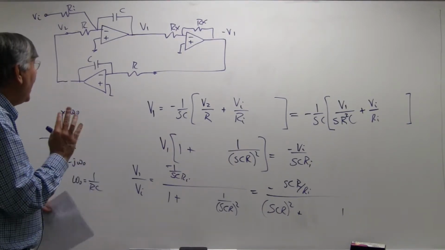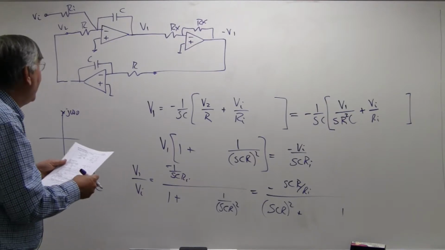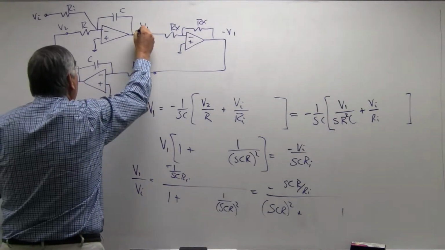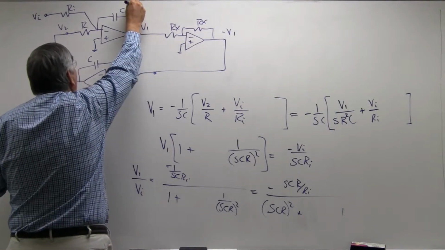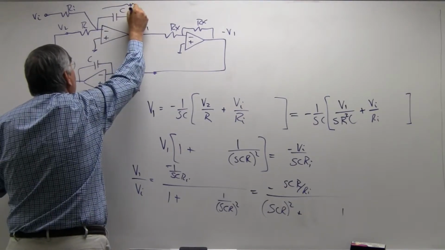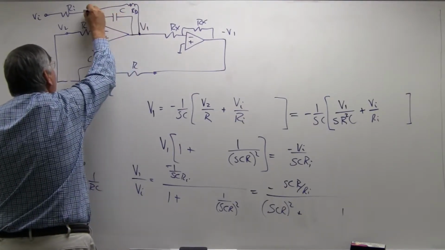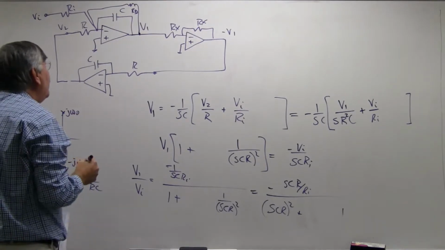All right, I want to add a term here. I want to add damping, as we've seen before. So I'm just going to take this V1, I'm going to add this resistor, if I can reach up here far enough and do it, and add that back in as an additional input.